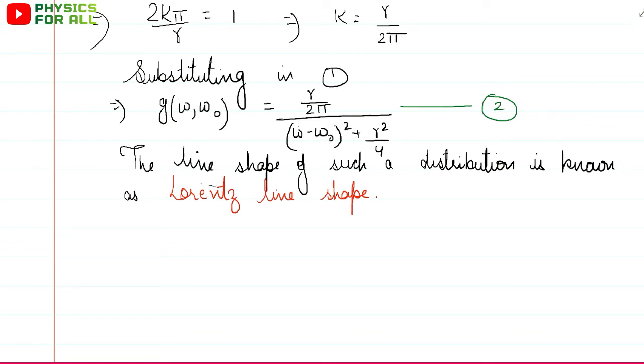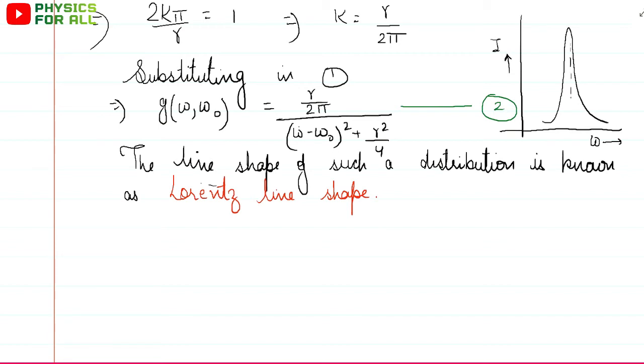Now we are interested in the maximum value of g omega omega naught. As we know, this is the function which gives the shape to our plot. We know the plot would go to a maximum and then fall off for any particular frequency, and then there is the intensity.